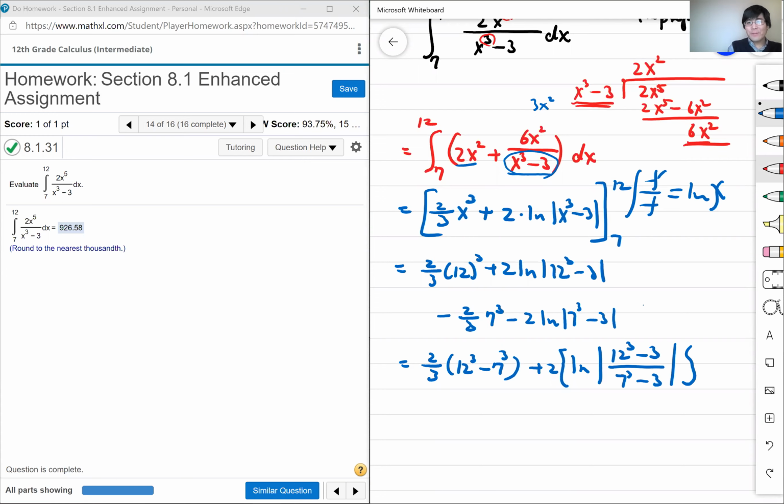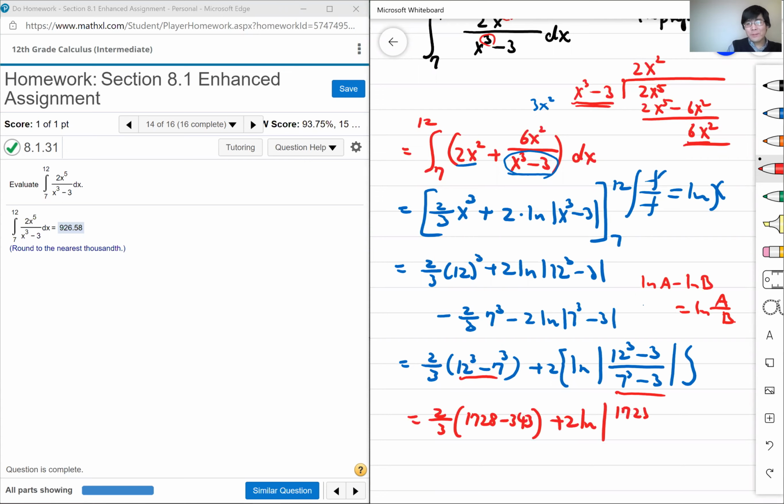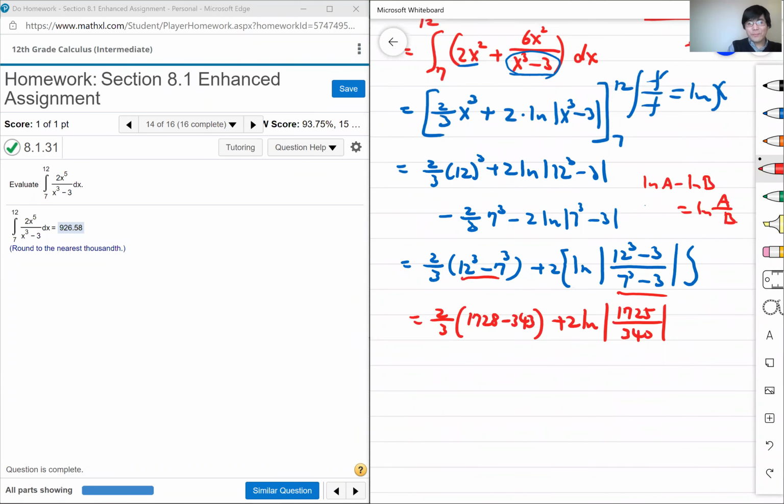And remember, ln of a minus ln of b is equal to ln of a over b. I hope we can simplify this part. 12 cubed is 1728, 7 cubed is 343. And you do the same thing here, it's going to be 1725 over 340, which looks nice.